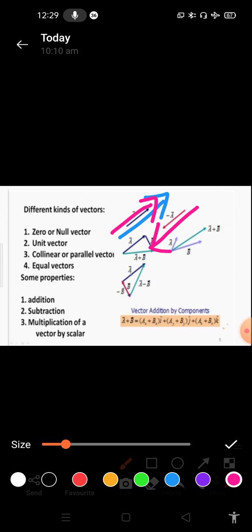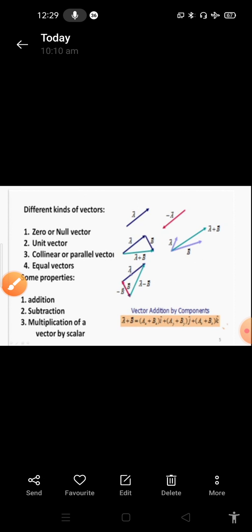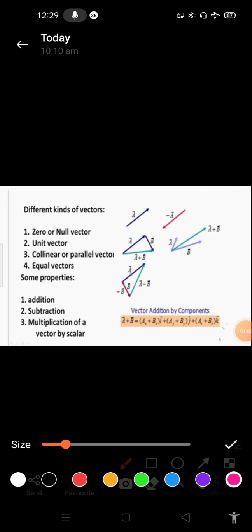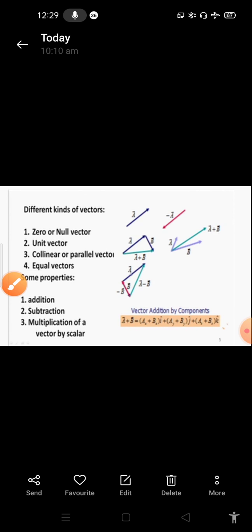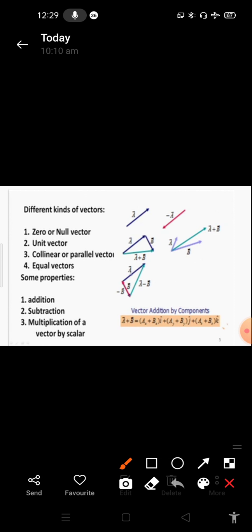okay? So next, for example, if I am taking two vectors, see here, one vector is A in this direction and another vector is B in this direction, okay, A vector and B vector. Then the resultant vector of AB is in this direction, that is A plus B. See clearly, the vector A is in this direction, which is represented by blue line, okay?